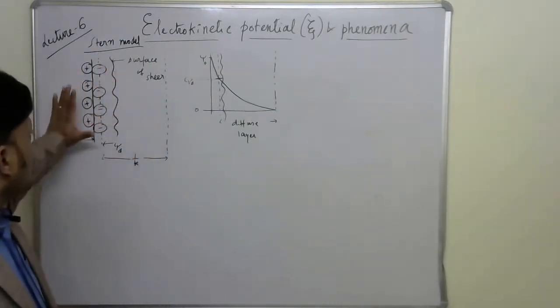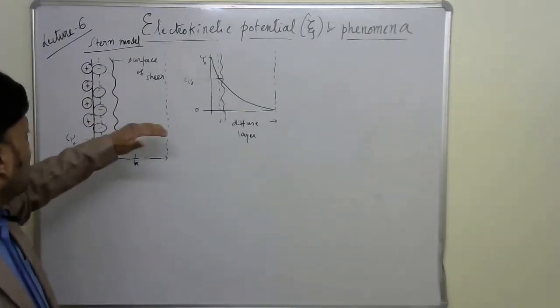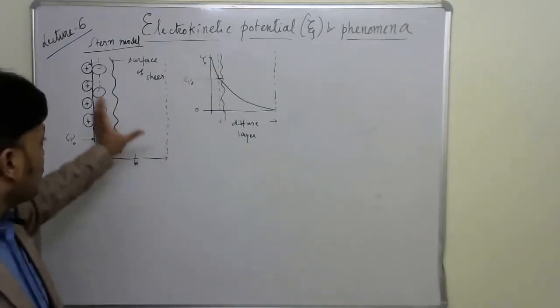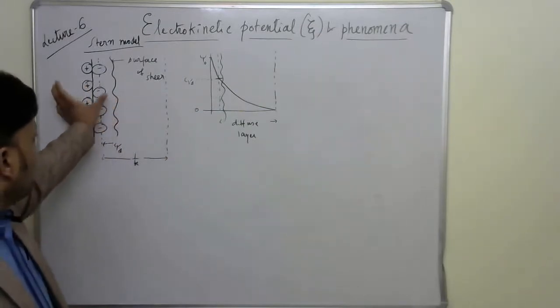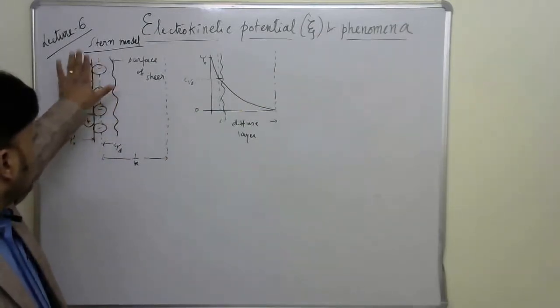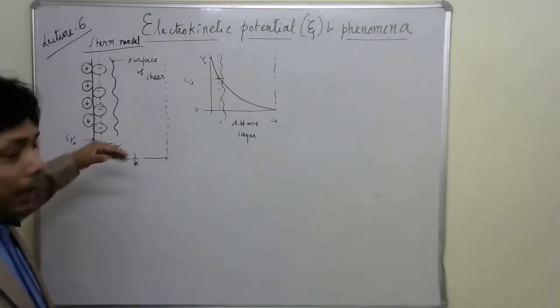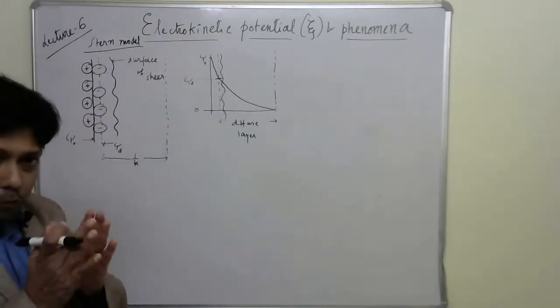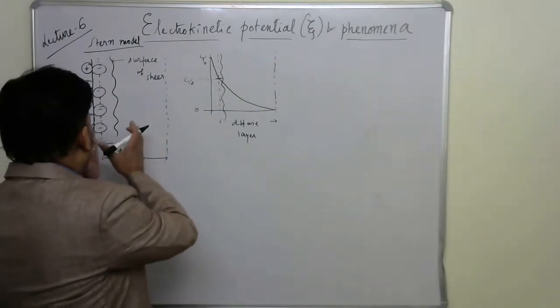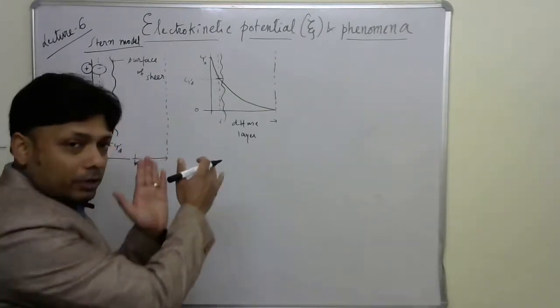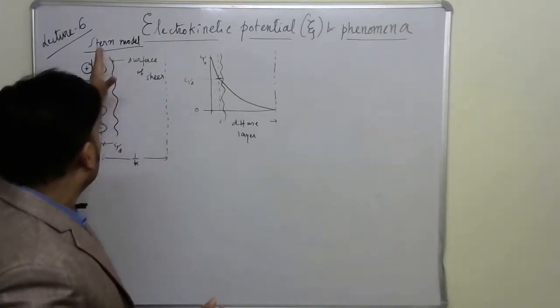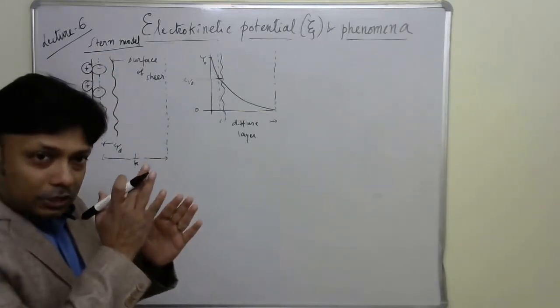So whenever this charged surface under an external electric force tries to move, it will move along with some kinds of ions attached to it. The movement where the charged surface actually gets separated from the rest of the solvent, so there is a shearing plane.